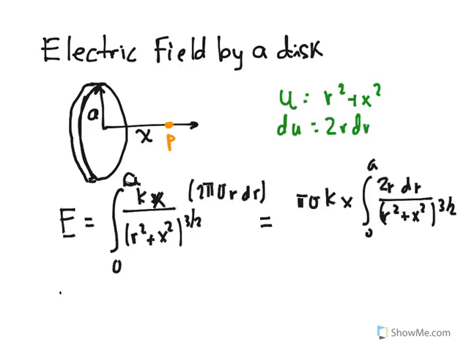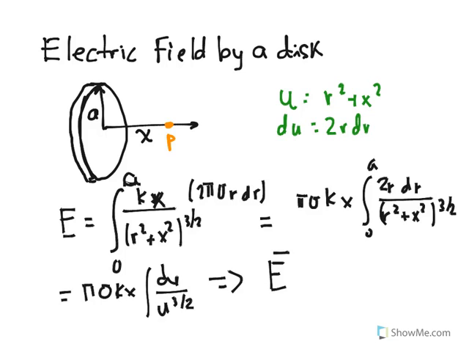Then we are going to have pi sigma k x, which are constant, times the integral of du over u to the 3/2, and we do this integral and evaluate from 0 to a by changing the variable, which is very straightforward.